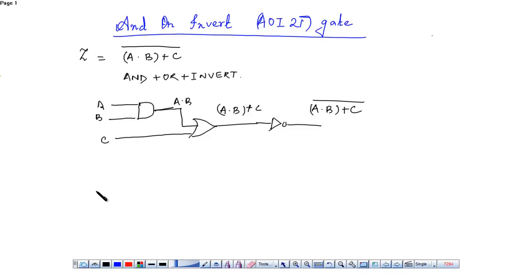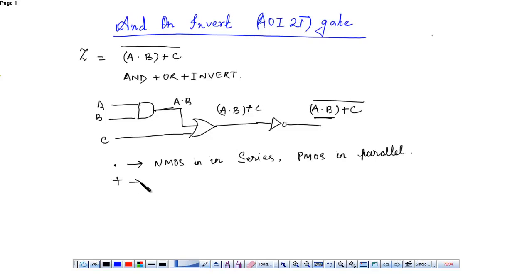Now before going to the truth table, when it is A and B, when there's a dot operator, we know that the NMOS is in series and the PMOS is in parallel.